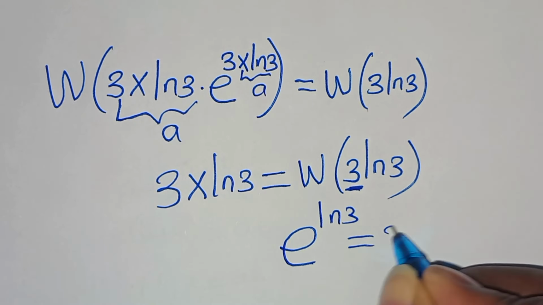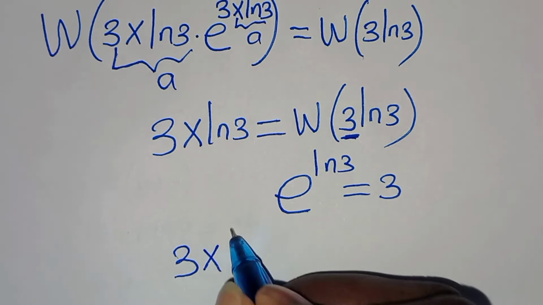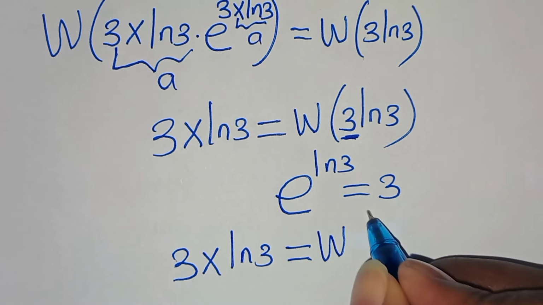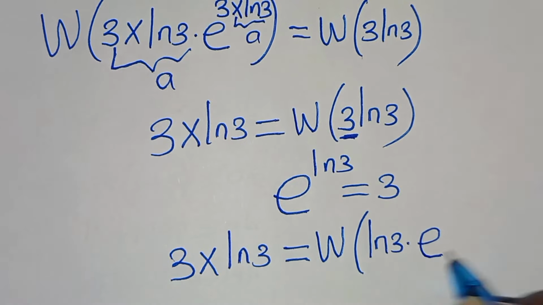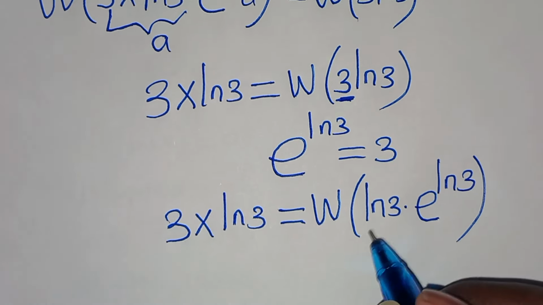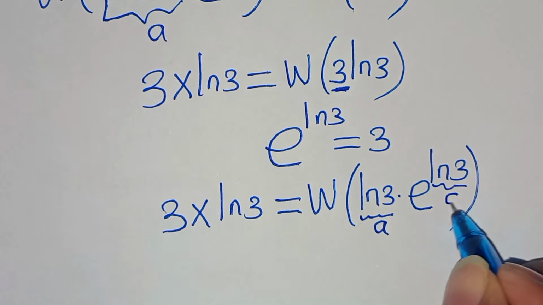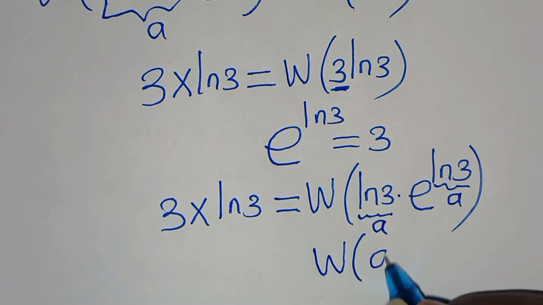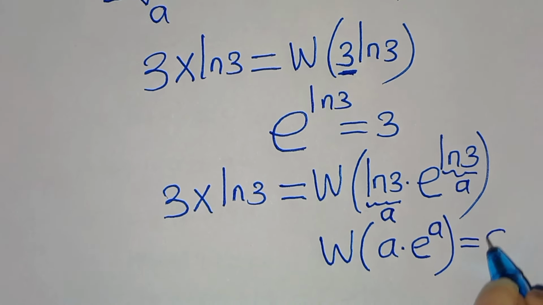So on the right hand side we have the W function of ln of 3 multiplied by e to the power of ln of 3. Now, this is the same thing as a, and also this is the same thing as a. If you recall, the Lambert W function of a multiplied by e to the power of a is the same thing as a.